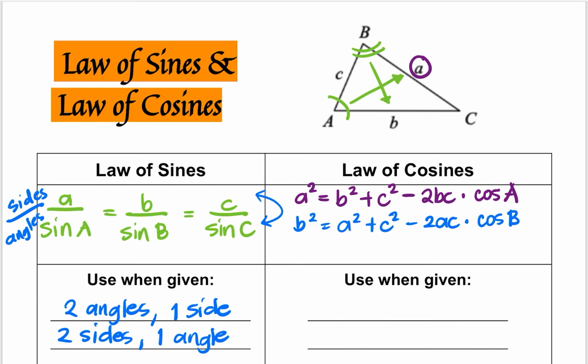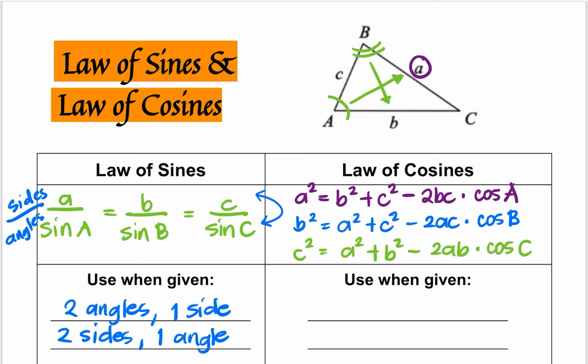Now, if c is missing, we square c and then square the other two sides, which is a squared plus b squared, minus 2ab times cosine C.